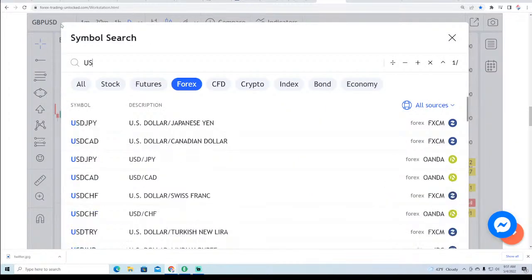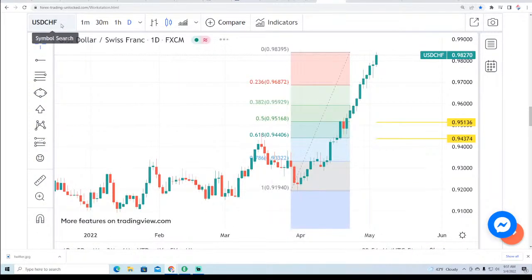But the US dollar Swiss, this is almost overtaking the strength of the euro. The only problem is that the euro is a much more dominant currency, so the volume in the euro is much more significant than it is in the Swiss, but not by much. These dynamics right here, with the momentum of this rally as far as price movement, are pretty close to it, so it almost cancels it, and that's why you're seeing the dollar index go sideways.